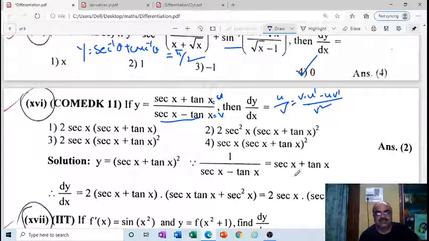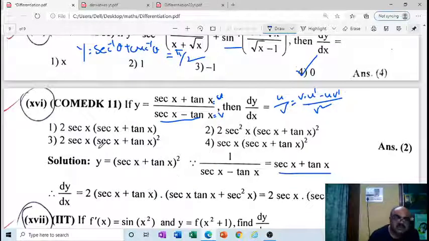When I rationalize this, it becomes secant x plus tan x into secant x plus tan x, which will be secant x plus tan x the whole square.